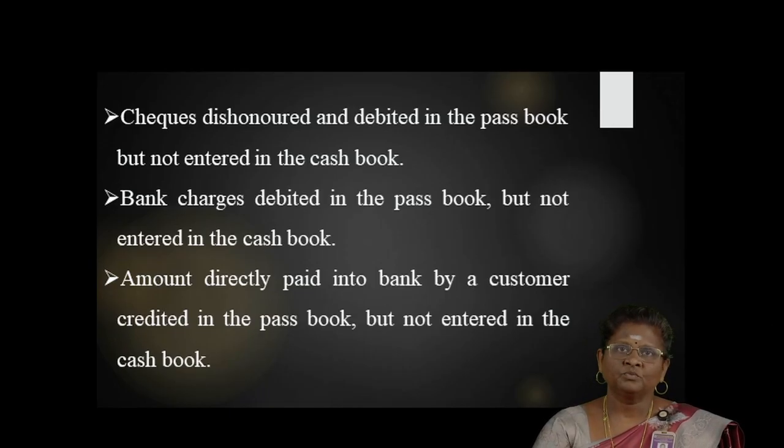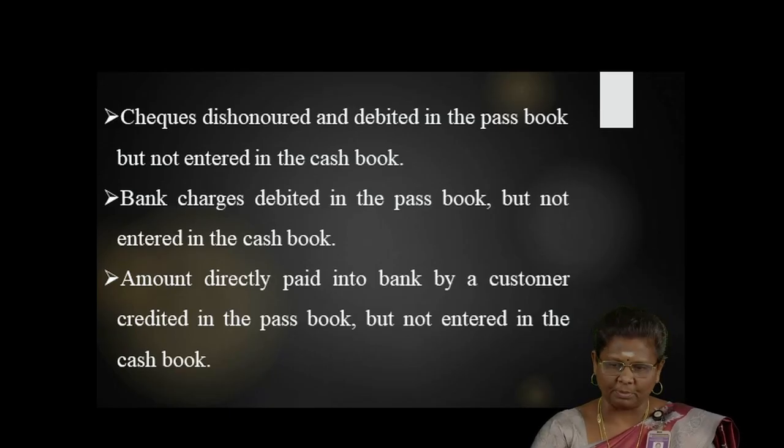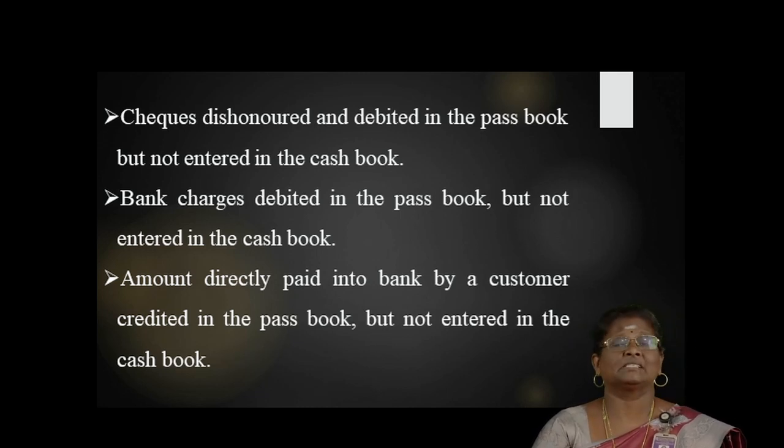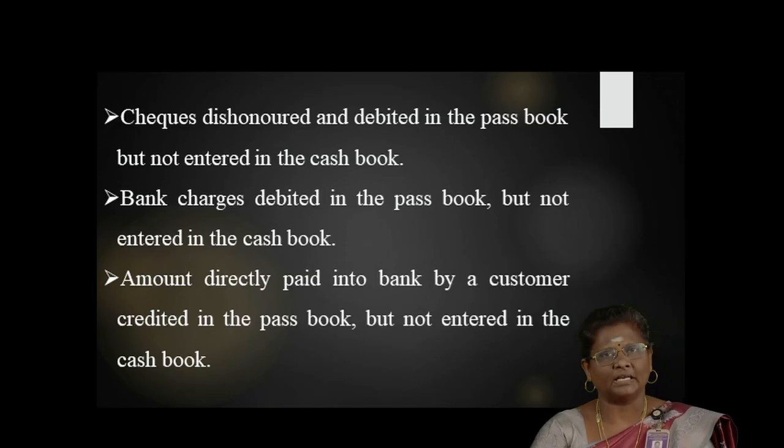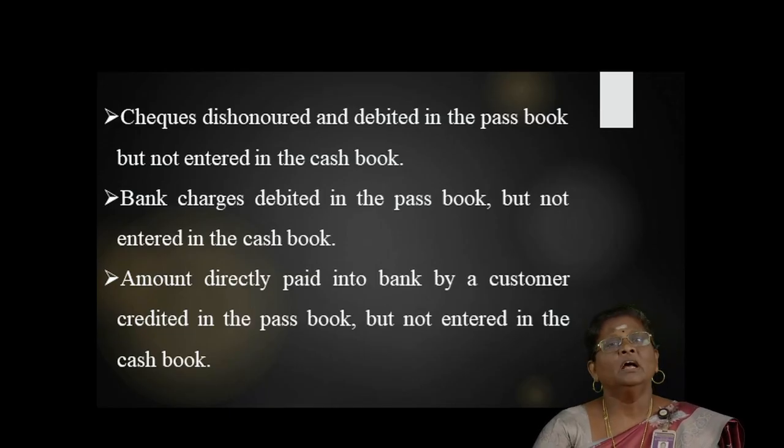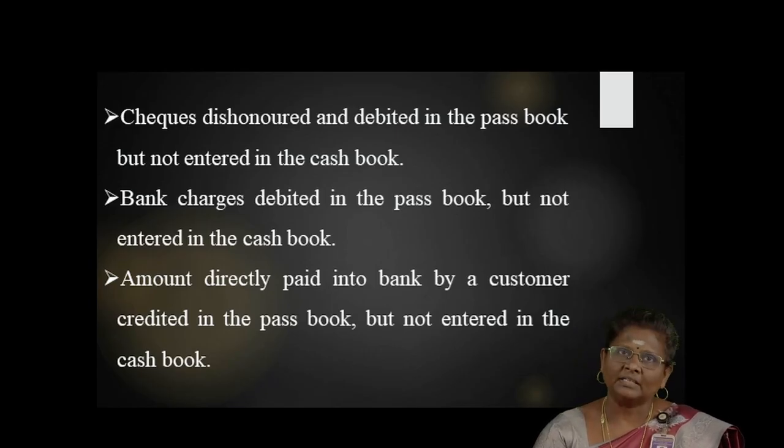Next one, bank charges debited in the passbook but not entered in the cash book. Sometimes we give a standing instruction to the banker to pay our rent or salary, etc., to other accounts.